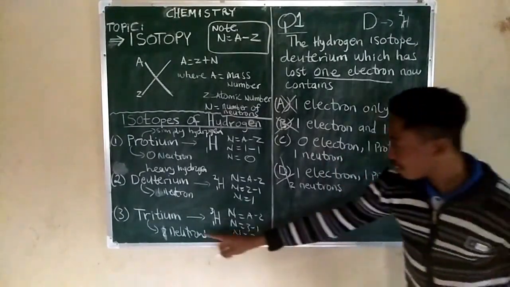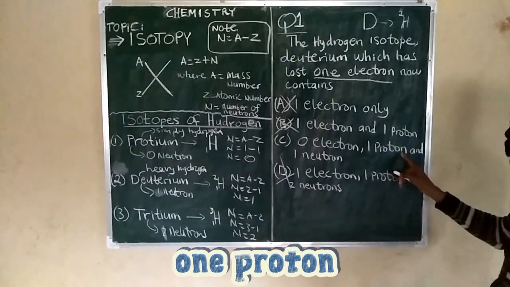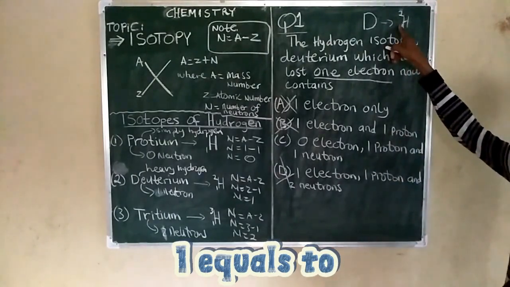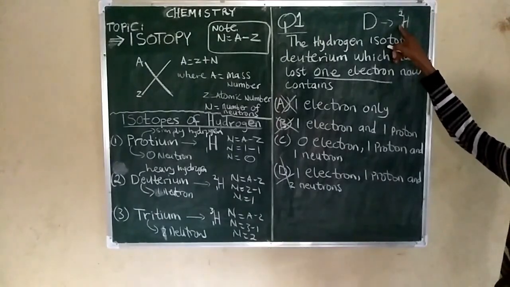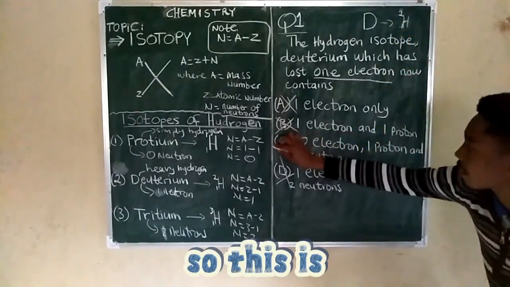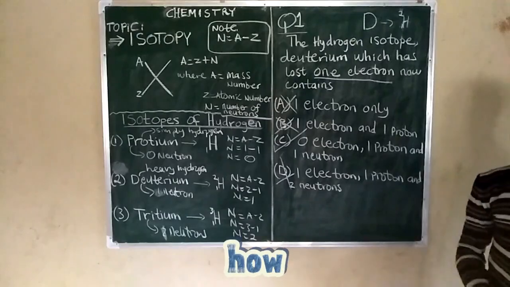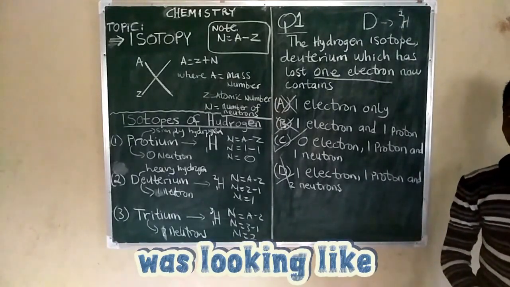Yes. And 1 proton. Yes, the atomic number is 1, equal to the number of protons. So this is correct. You can see how tricky that question was looking.